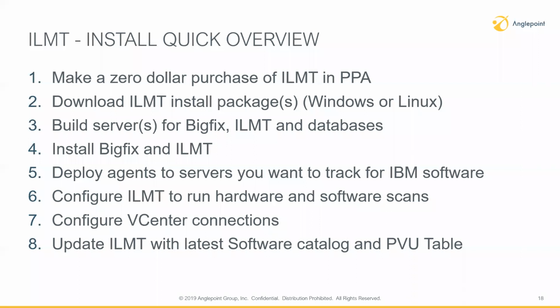Then number 4, you're going to install BigFix and ILMT once you have the server built. Then you're going to deploy the ILMT agent to all the servers that you want to track for IBM software. If you don't have very good visibility into which servers are deploying IBM software, trust me, it's not that much bandwidth, and it's a lot easier to deploy it across the entire environment than it is to get hit with full capacity.